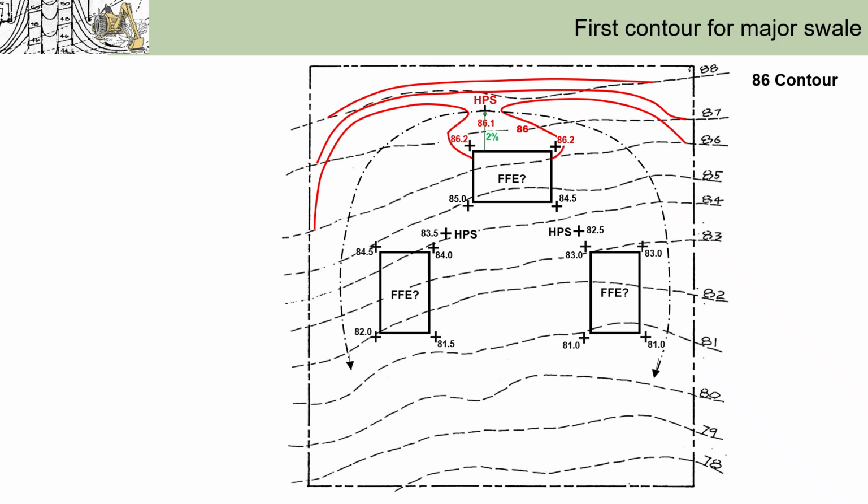Next, we'll move forward to sketching out the first contours that form the small swales. Conceptually, they should look like this, with the left one being an 83 contour and the right one being an 82 contour based on their HPS we set before.